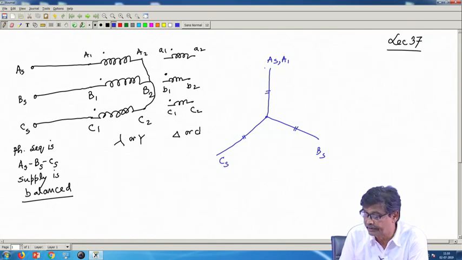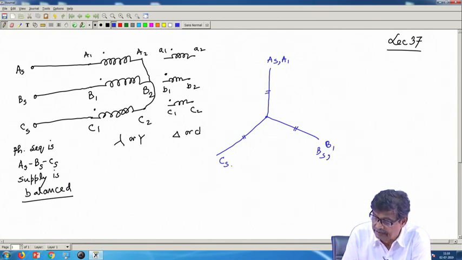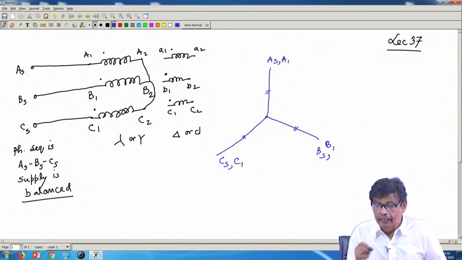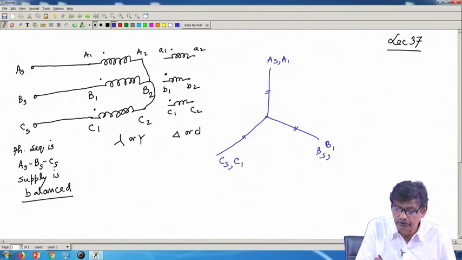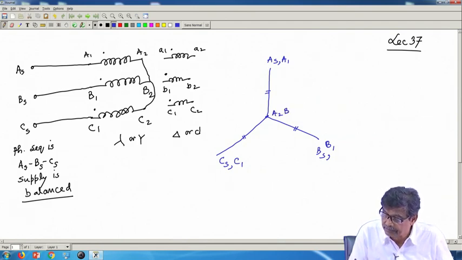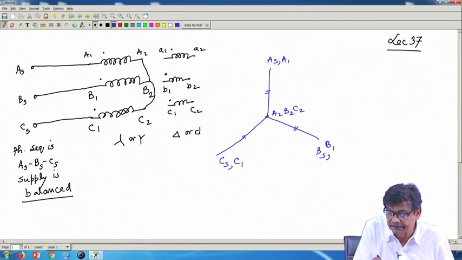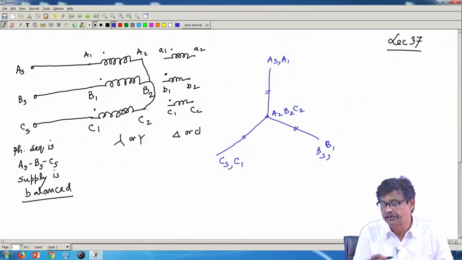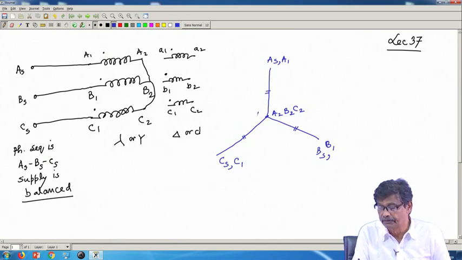Similarly, BS is connected to B1, so B1, and CS is connected to C1, so C1. And since A2, B2, C2 are shorted, A2 is here, B2 is there, C2 is there. They are shorted, so their potentials are the same, and this in fact is the neutral of this side. Fine.